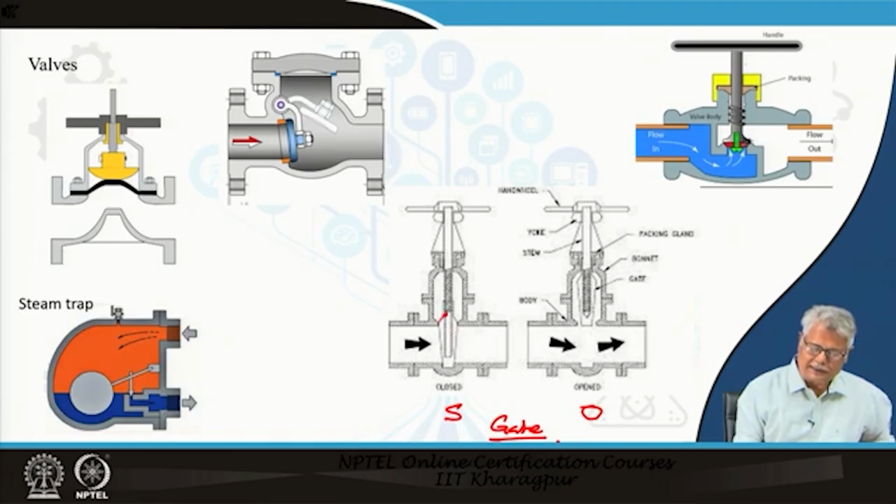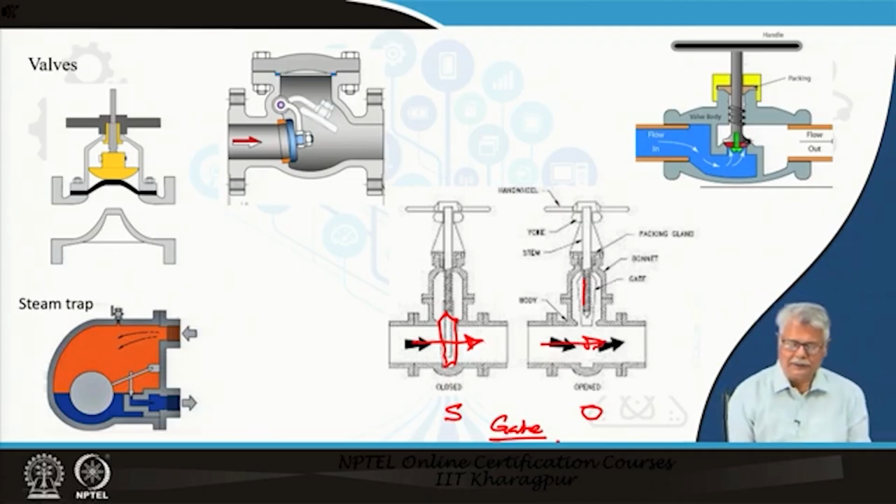What you have here is the gate which is closing the flow, and it has been pulled up and the flow happens from here to here. You will notice that the flow could be from left to right or from right to left also, though the marking is from left to right in this specific drawing.